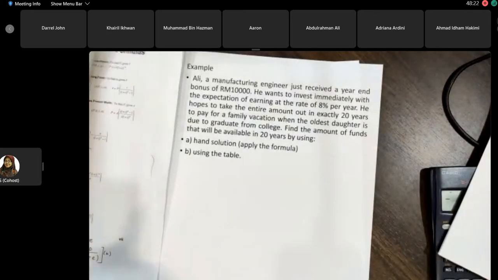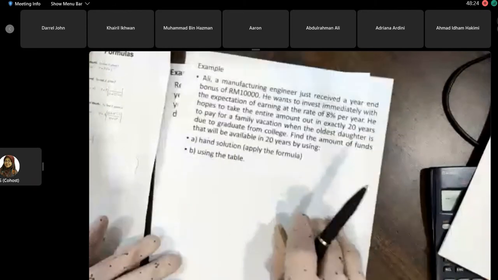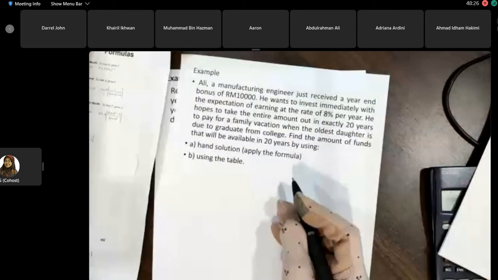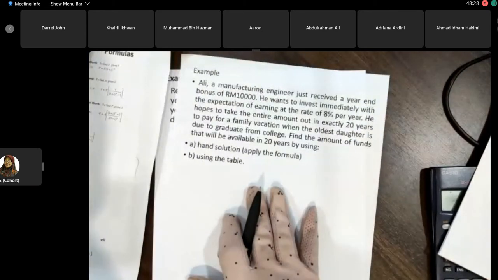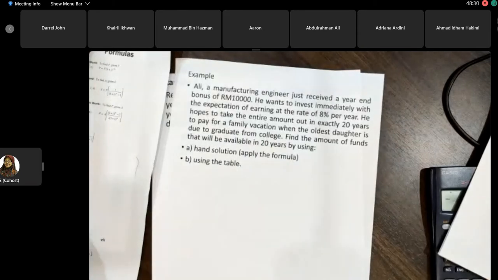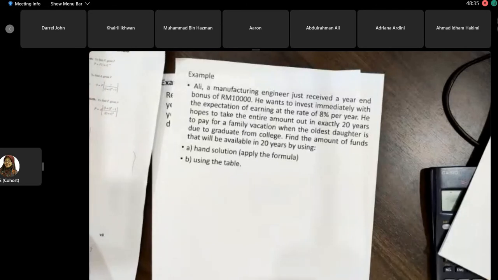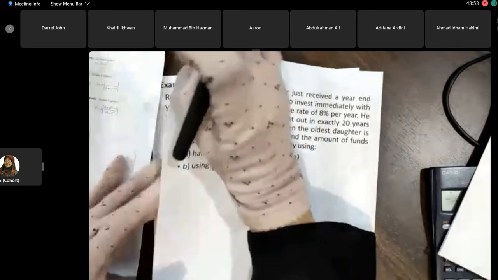So baca tu soalan. Sekejap yang ni nanti sekejap. Kita campur tak ada.